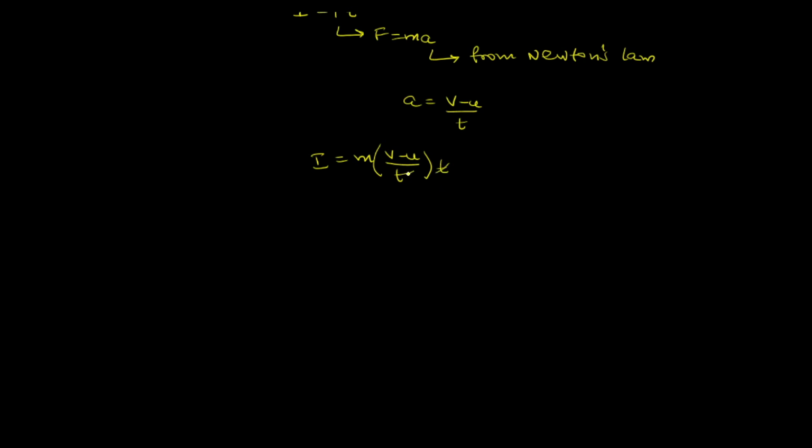This t gets cancelled, therefore we have mass into final velocity minus mass into initial velocity. This is nothing but the change in momentum. Whenever a force acts upon a body for a short interval of time, it leads to a change in momentum, which is nothing but an impulse.